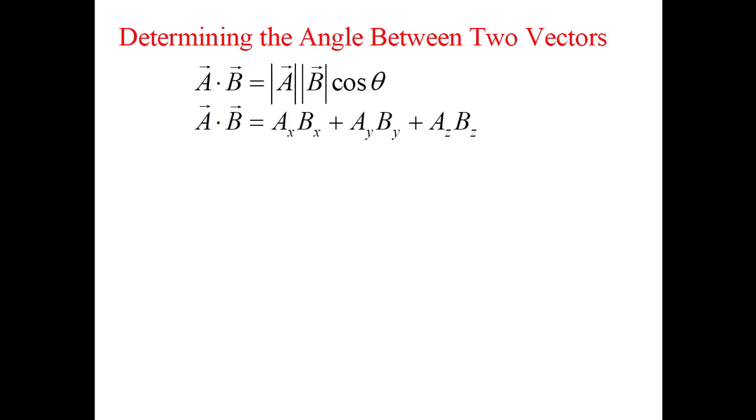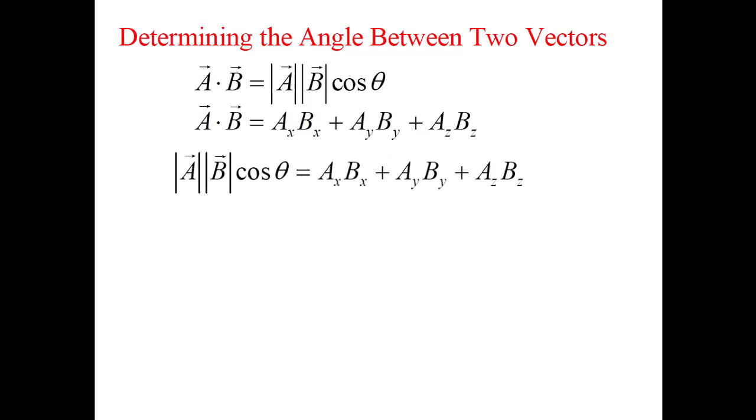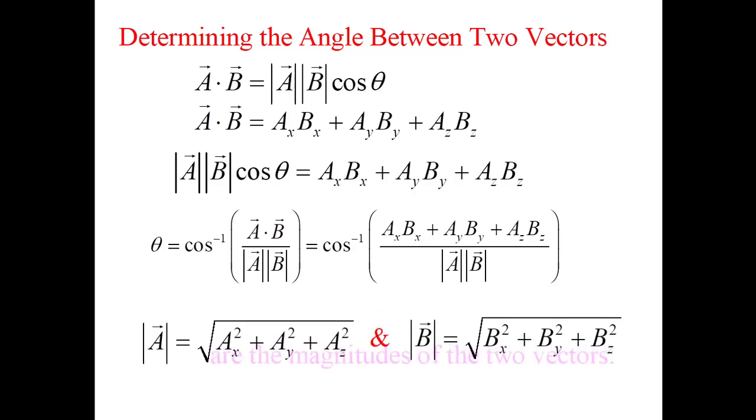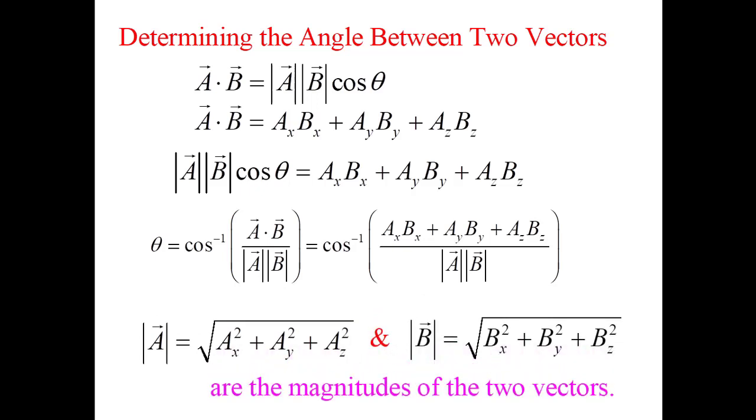By equating these two together, we can determine theta to be the cosine inverse of A dot B divided by the product of the magnitudes of the two vectors, or cosine inverse of AXBX plus AYBY plus AZBZ divided by the product of the magnitudes. This directly gives us the angle between the two vectors, where the magnitude of A is the square root of the sum of the squares of the components. The same applies for B, and that is basically the way we determine the angle between any two given vectors.